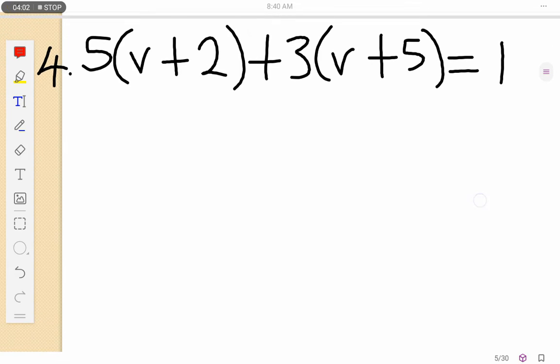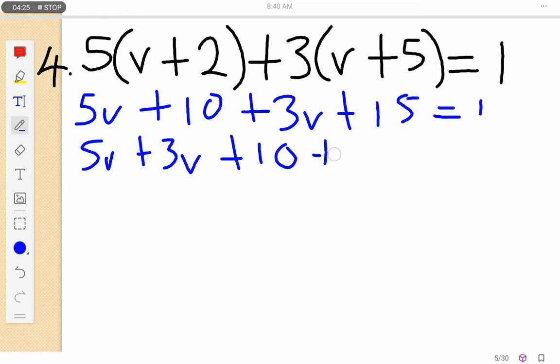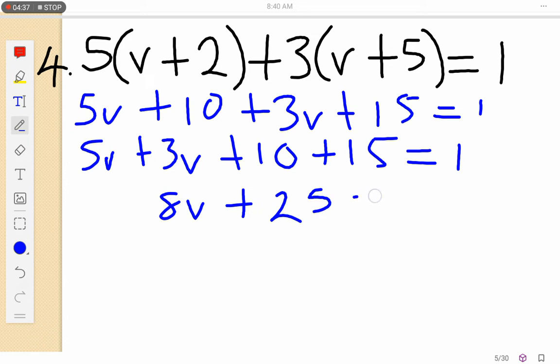Here we also do the same. We remove the brackets: 5v first, then plus 10, plus 3v, plus 15, is equal to 1. So 5v plus 3v, then plus 10, grouping like terms, then plus 15 is equal to 1. 5v plus 3v, we get 8v. Then 10 plus 15, we get plus 25 is equal to 1.